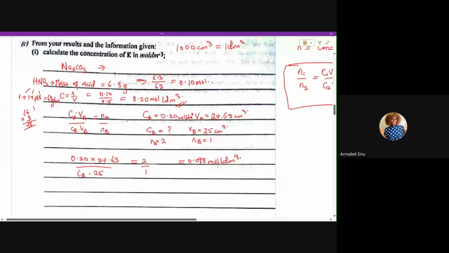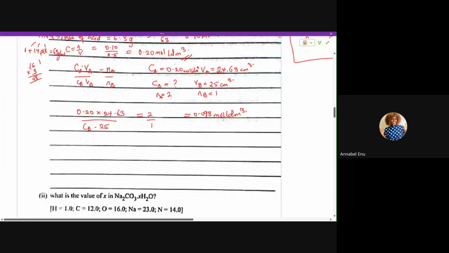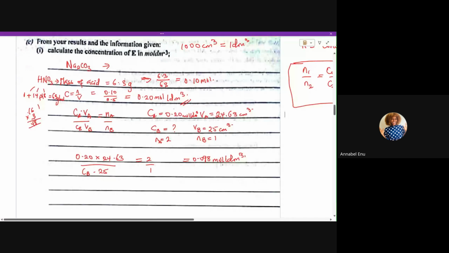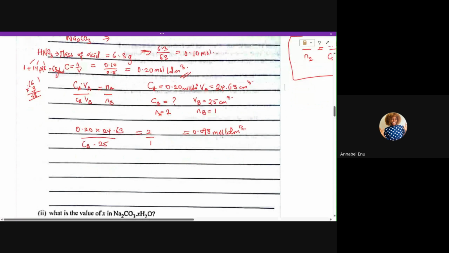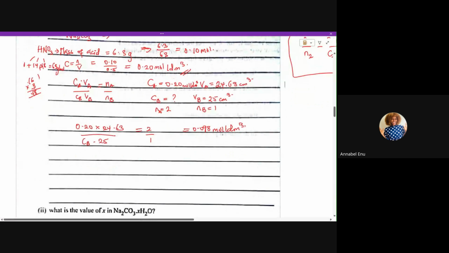So it's not a complex process. We just have to first look for the concentration of the ones being given to us, especially the acid, where we get the volume and the calculated volume. Okay, and then we will now get the concentration of what we do not know. Please, if you don't understand, let me know.